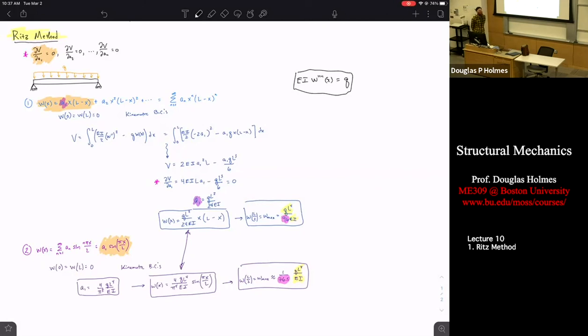What are the other 2 boundary conditions? The curvature at each end has to be 0. Exactly. The curvature at each end has to be 0.